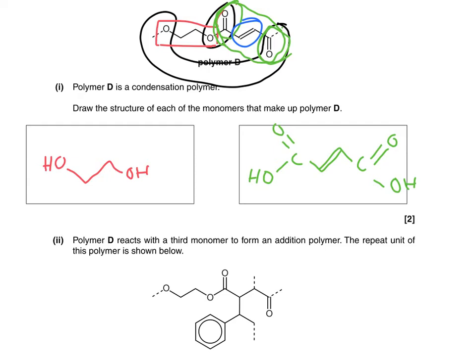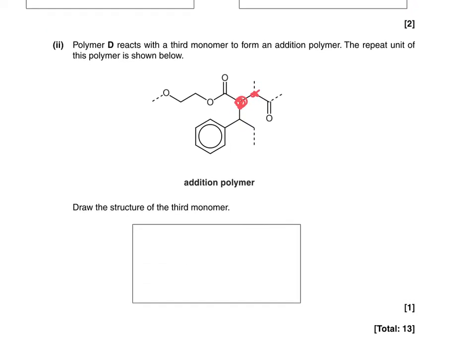If you compare this with this, you can see that the point that we're adding on is here, and here. So it's a nice tricky one, this one, isn't it? However, we know that we're going to be adding this on.